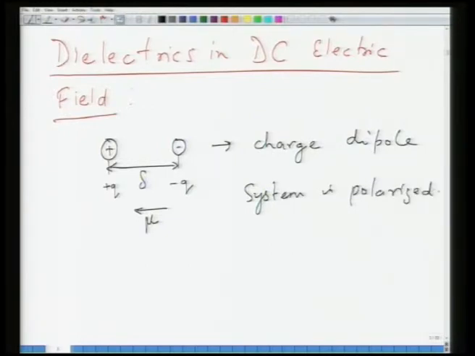Now, when we say that the system is polarized, it means the system generates some sort of dipole moment, and as a result of creation of this dipole moment, what you induce is what is called polarization.